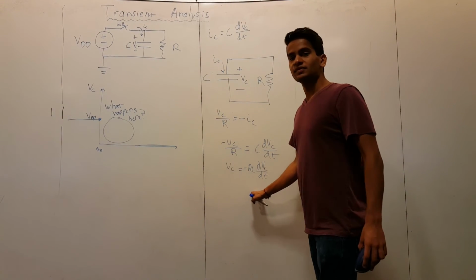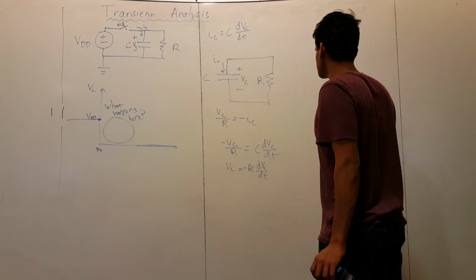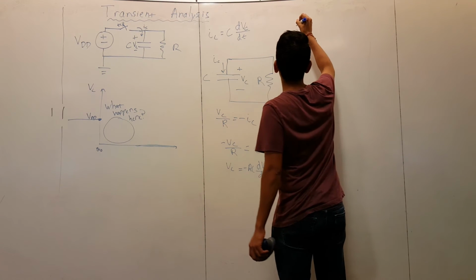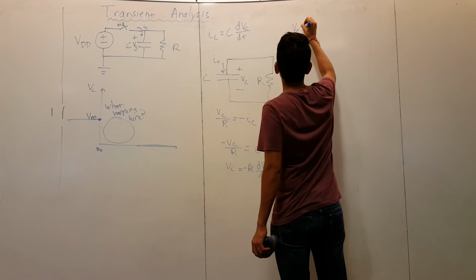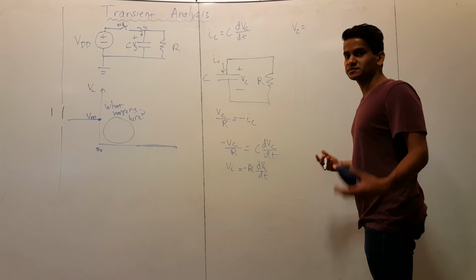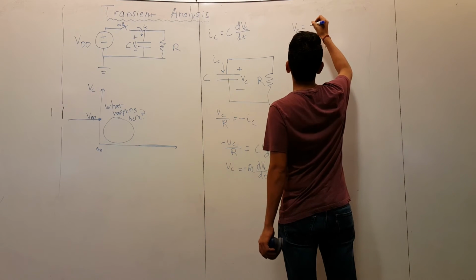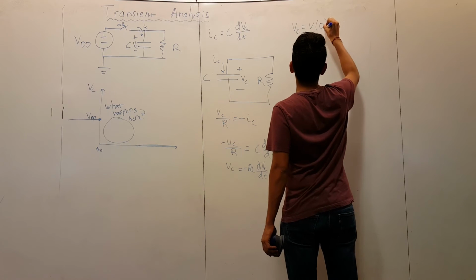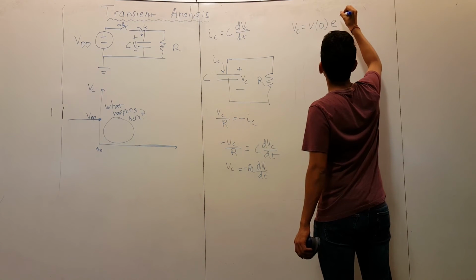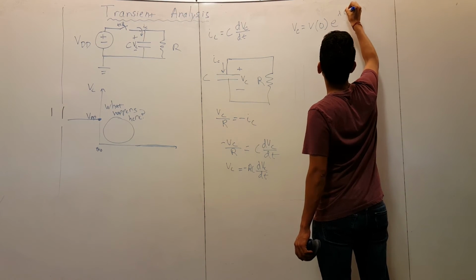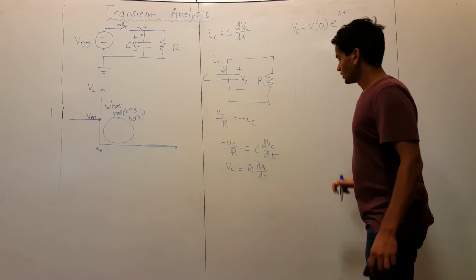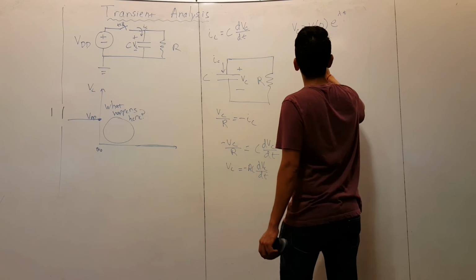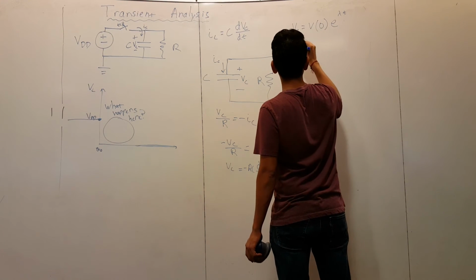This looks exactly like the eigenvalue equation that we had seen before, and we know how to solve this. So we say that VC should be some sort of exponential function: VC equals V of 0 e to the lambda t. Let's plug it back into this equation.